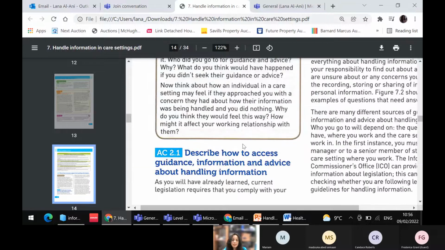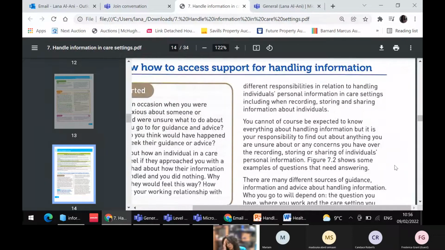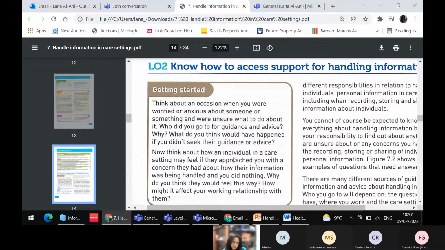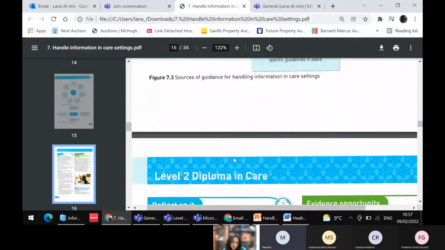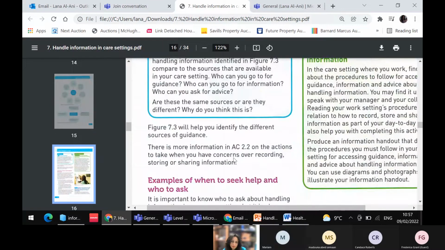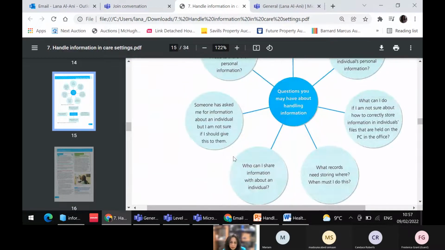So can you think about ways to access the information, just like what we did in Unit 1? Can you think about ways to get more information about how to handle the data? Can you think about how you get information?